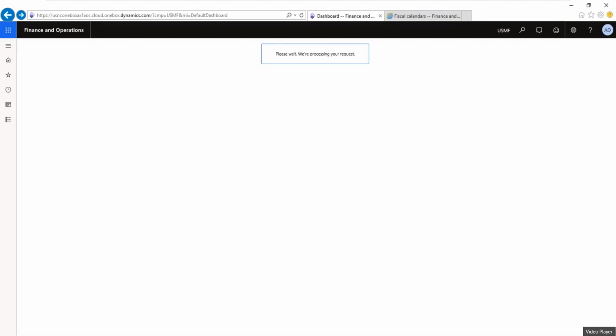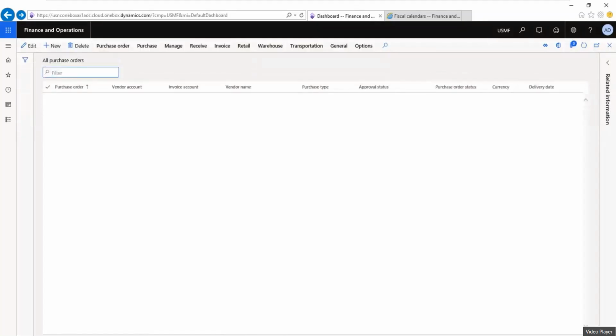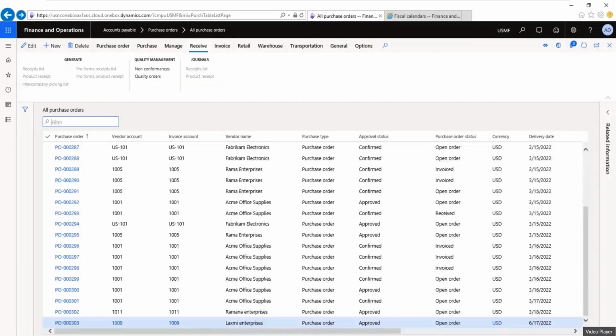It is loading now, give me a minute. So click on new. These are the tabs. Here we are clicking on the new button.